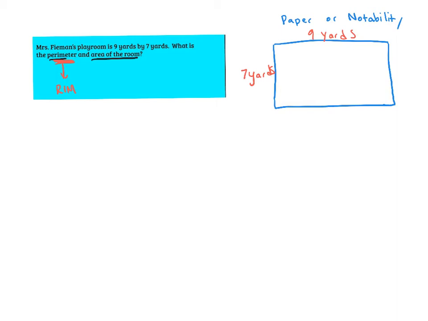How would I find the outside measurements here? If this side is 9, down here would also be 9 yards. And if this side is 7, my other side would be 7. Pause the video and write down what is the perimeter.